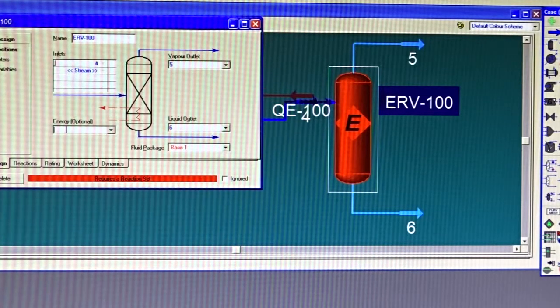But if I want to carry out isothermal operation, all I need to do is add an energy stream, and according to our method, I will add a Q next to the name of the unit operation. So the energy stream will be Q-ERV-100. But right now, we don't need this. All we need to do is attach the material streams.